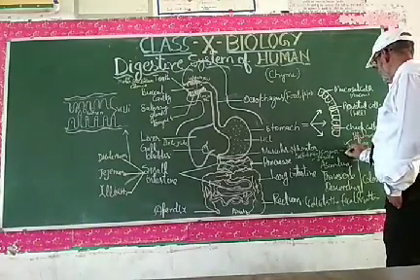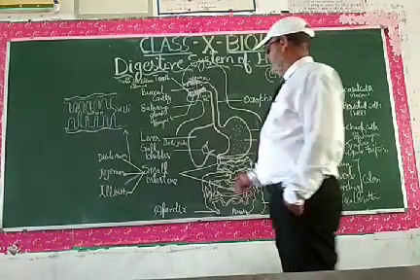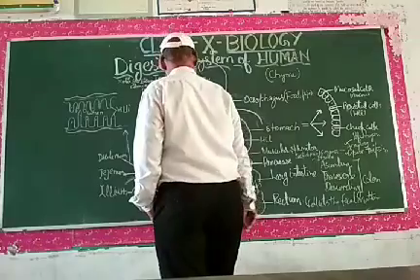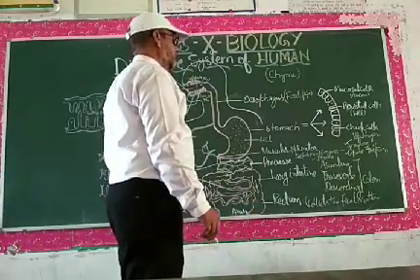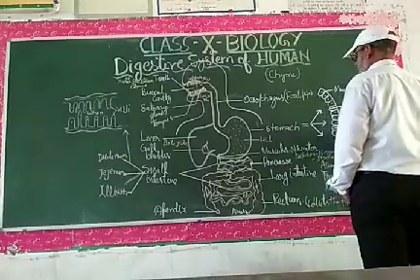These 3 enzymes are secreted by the pancreas, bile is secreted by the liver, and pepsin is secreted by the chief cells of the stomach.